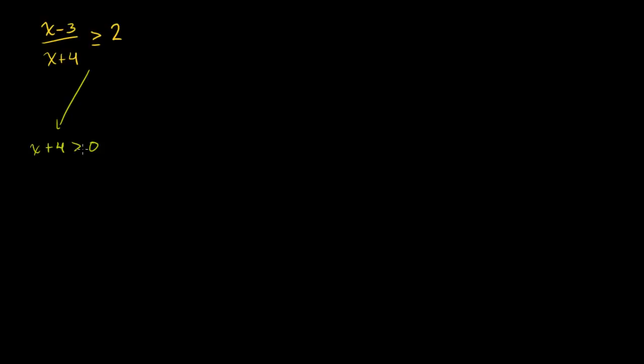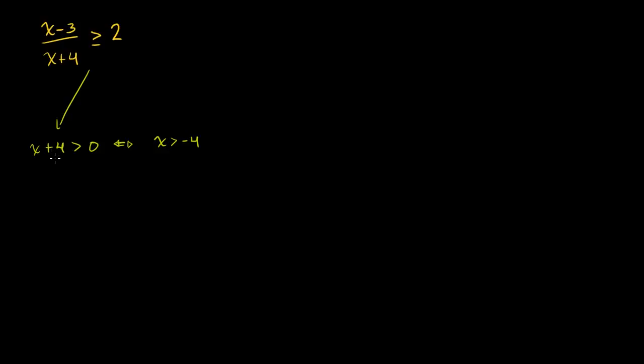So let's explore x plus 4 is greater than 0. If we subtract 4 from both sides, these are equivalent statements, that x is greater than minus 4. So if we assume that x is greater than minus 4, then x plus 4 is going to be greater than 0.